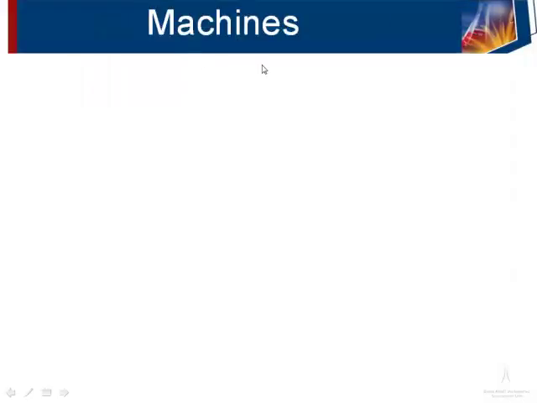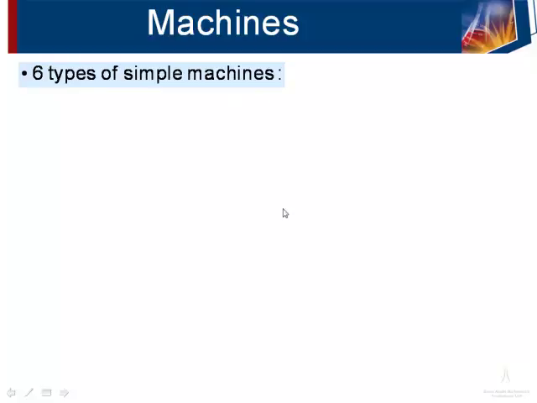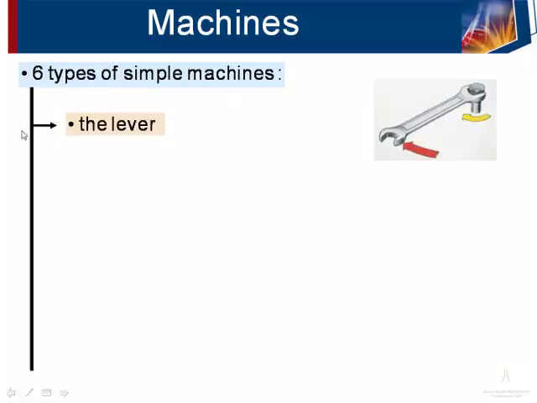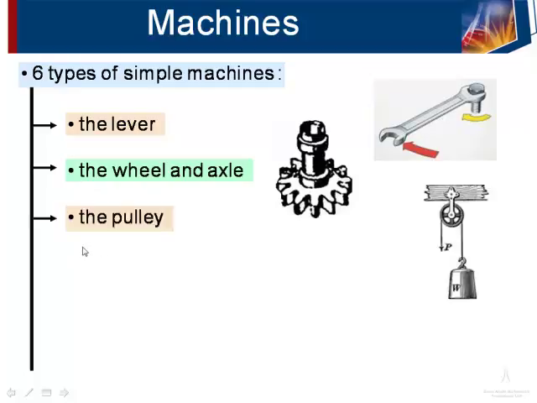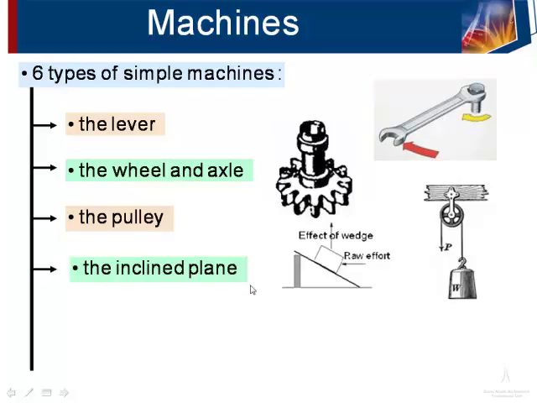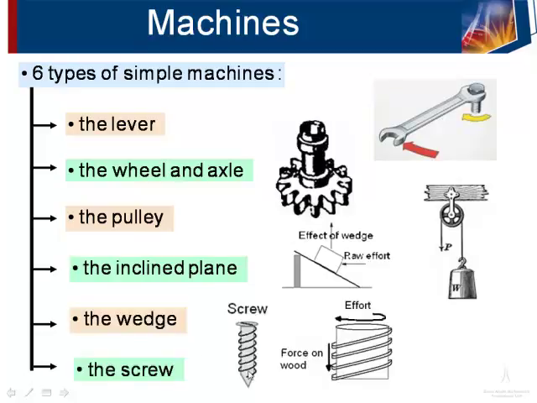The different types of machines that you get, there are 6 types of simple machines. You get the levers, which we've looked at. You get the wheel and axle. You get the pulley, the inclined plane, the wedge, and the screw.